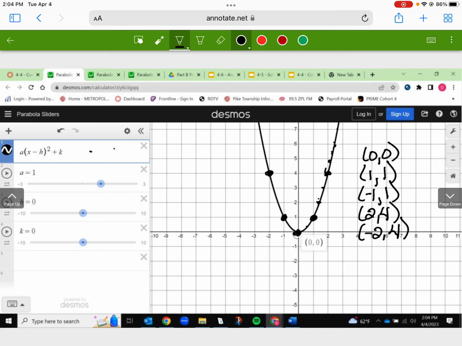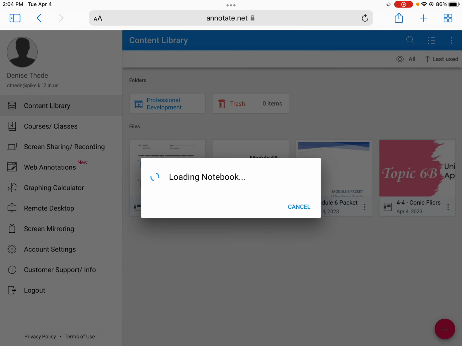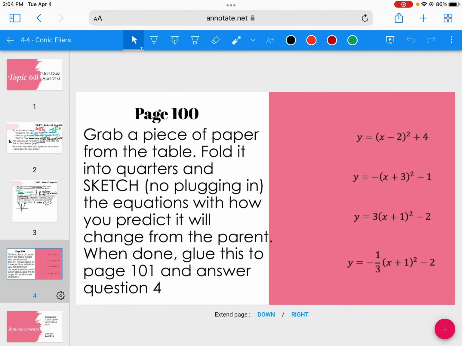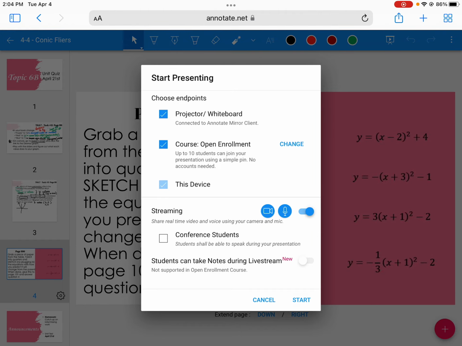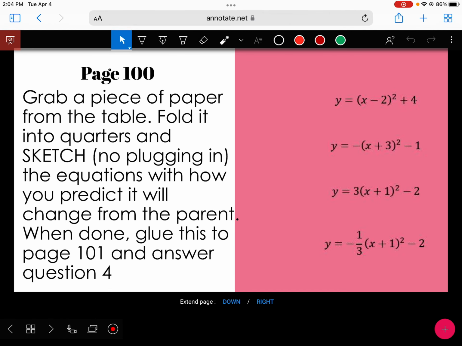Okay, turn the next page. Let me bring this back up. Here we go. It says grab a piece of paper. So you've got your graph paper. Fold it into quarters.